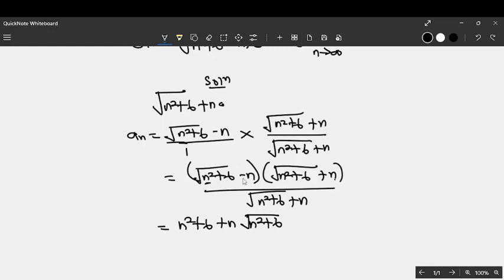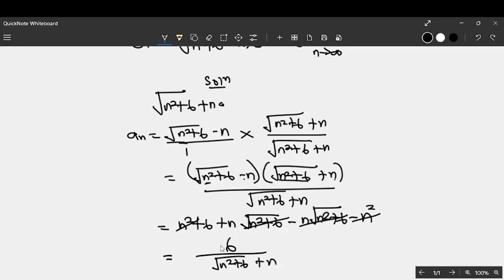Then we take negative n times the whole of this side, so we have negative n times the square root of n squared plus 6. Then negative n times positive n gives negative n squared. Clearly this one will cancel this, and this one too will cancel this, so you will be left with 6 over the square root of n squared plus 6 plus n.